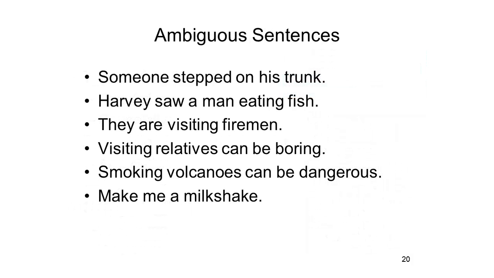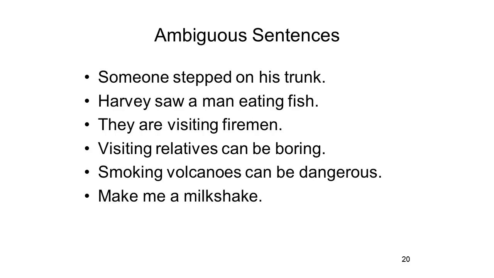But syntax and semantics together are not enough to decode the meaning of an utterance, because many utterances, many sentences are inherently ambiguous. Consider the sentence, "Someone stepped on his trunk," which has quite a different meaning depending on whether that pronoun refers to an elephant or a man with a suitcase.